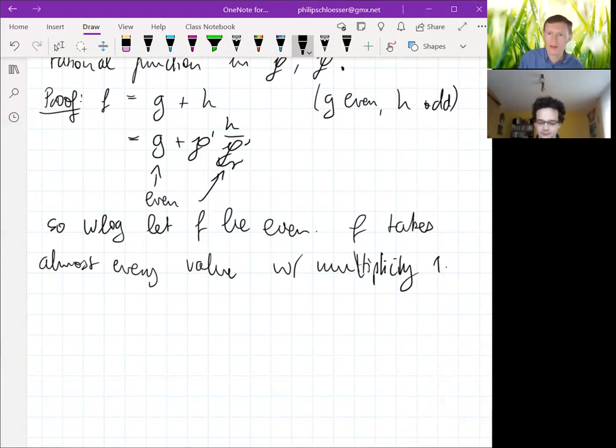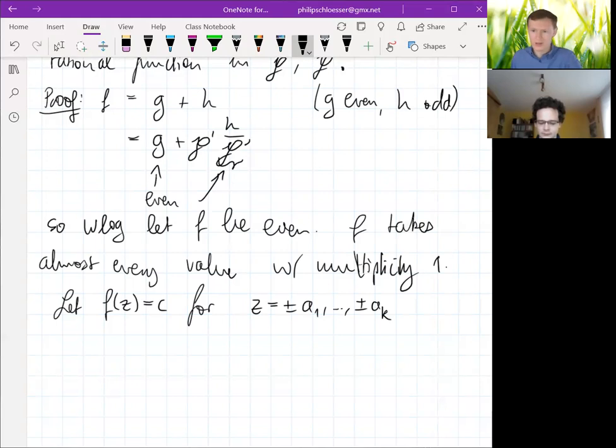So let f of z equal c. So we say let c be one of those values for z in a1 until plus or minus ak. Note the plus or minus because it's an even function.